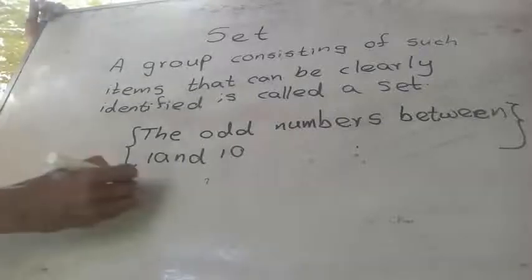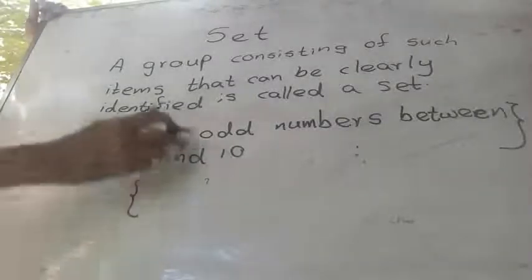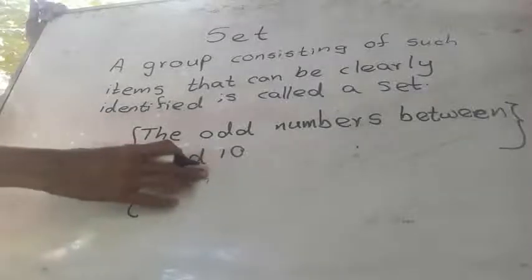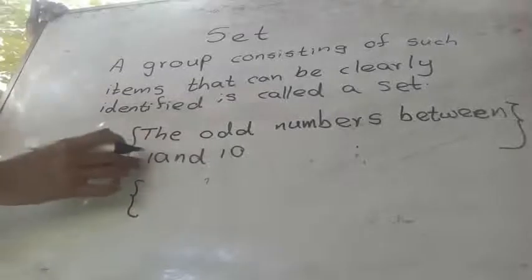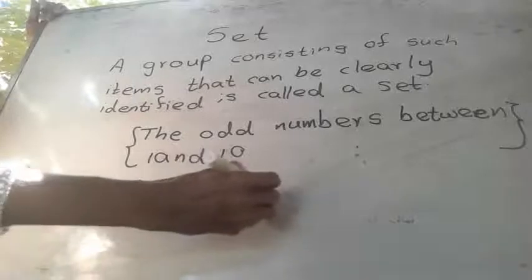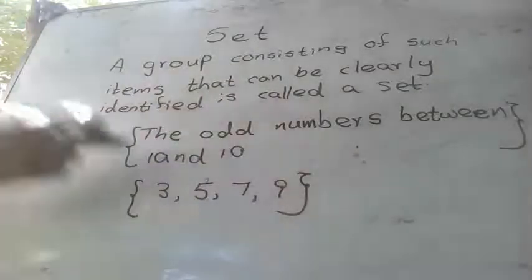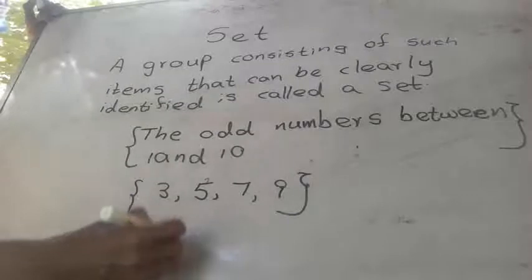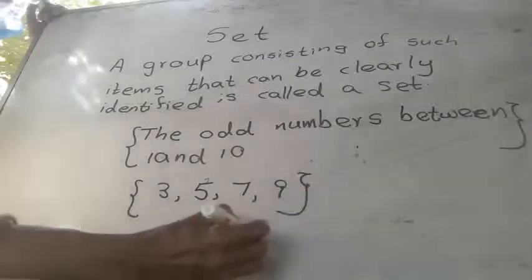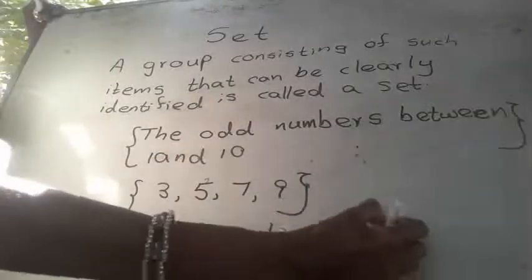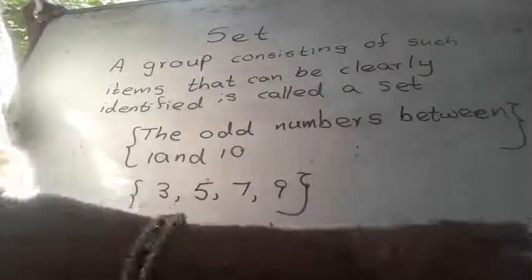The elements of this set are the odd numbers between 1 and 10: 3, 5, 7 and 9. These are elements. E-L-E-M-E-N-T-S. Elements are 3, 5, 7 and 9.